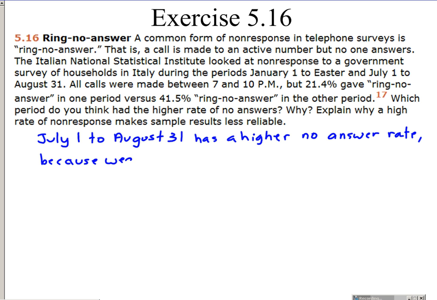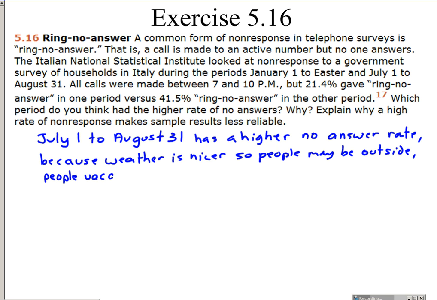Because the weather is nicer, so people may be outside. People vacation more during this time, so they wouldn't be at home.